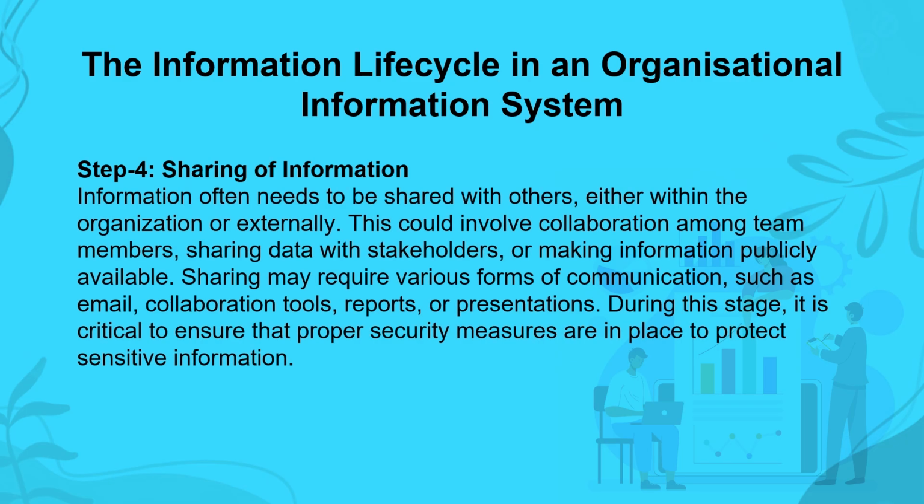Information often needs to be shared with others, either within the organization or externally. Sharing may require various forms of communication such as email, collaboration tools, reports, or presentations. During this stage, it is critical to ensure that proper security measures are in place to protect sensitive information.